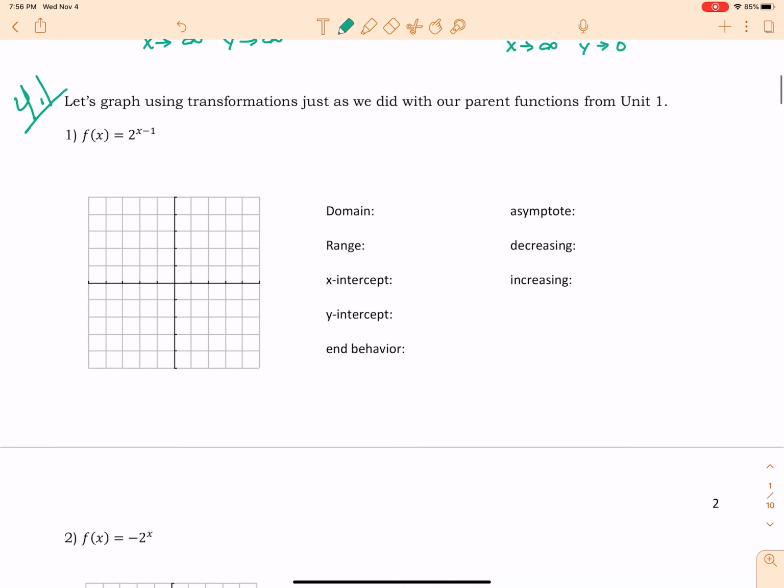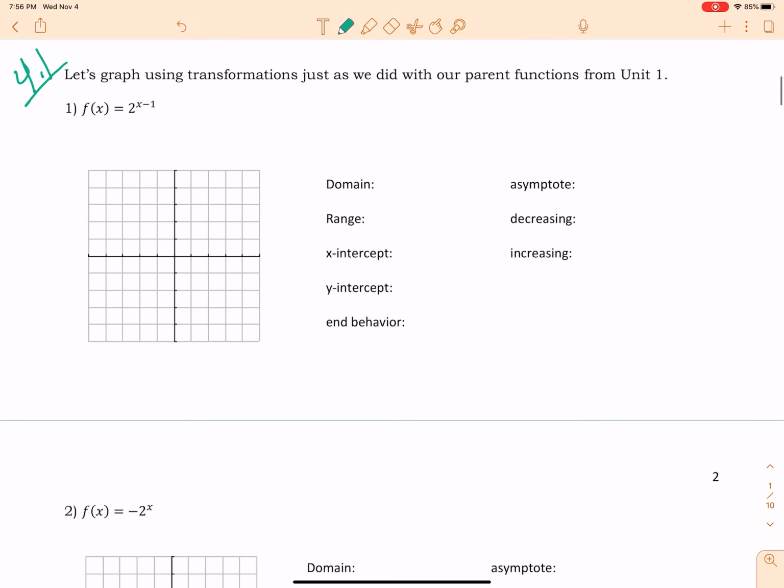There's more going on here though, because if you'll recall from using transformations in Unit 1, if we have x minus 1, that means that we move to the right 1. So the parent function, because the base is 2, is going to do that, but it's going to move to the right 1. So what would this look like?